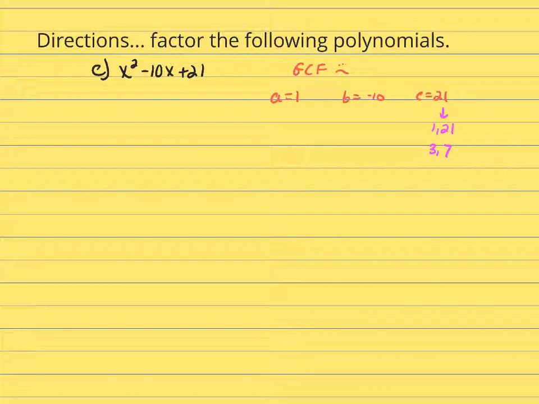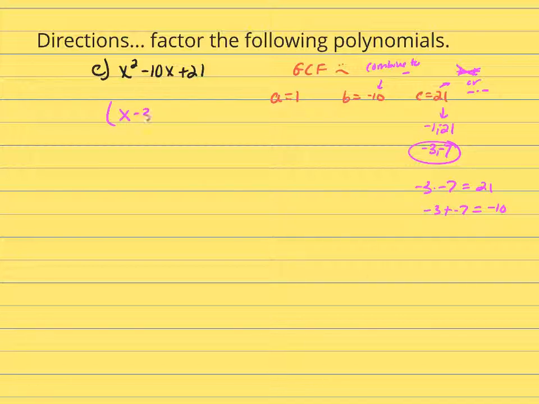If they multiply to be a positive, it's either a positive times a positive or a negative times a negative. But if they combine to be negative, I must be dealing with only negatives. So between these two, the negative 3 and the negative 7 would multiply to 21, and if I added them, I would get negative 10. So I'm going to use those numbers in my factors, x minus 3 and x minus 7.